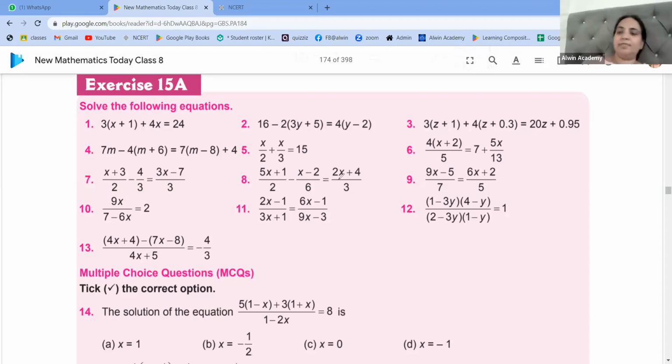What is the first step you did there? Ma'am, LCM of 2 and 3. You're on the right track. Ma'am, I transposed 2 and 3 to the other side and multiplied it by 15, without taking LCM. That isn't the right way.